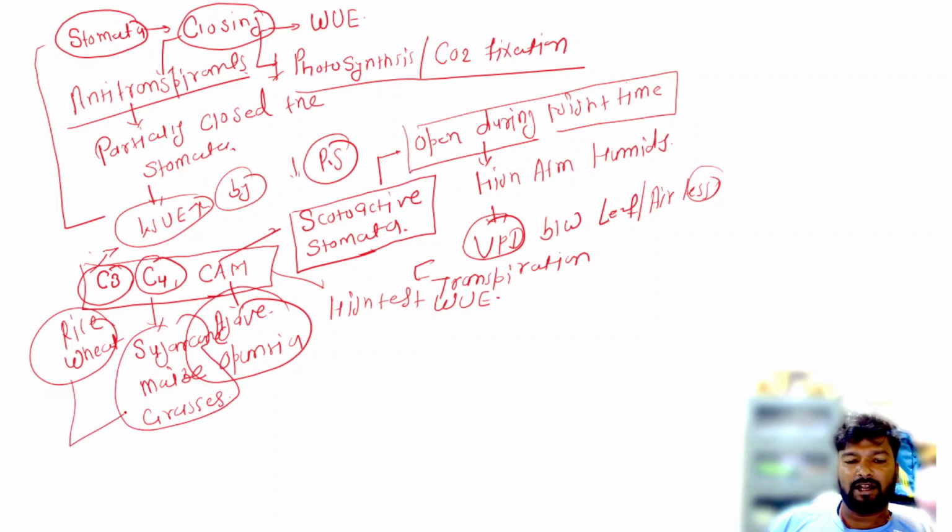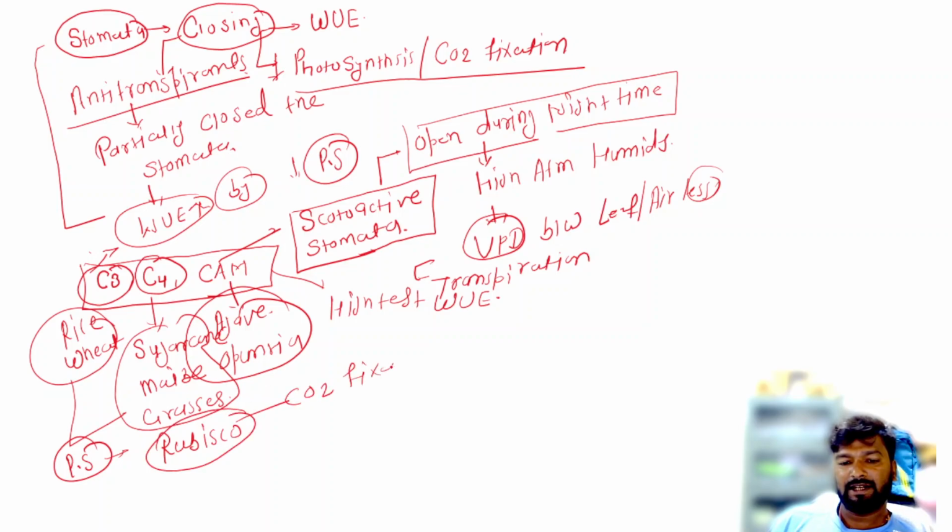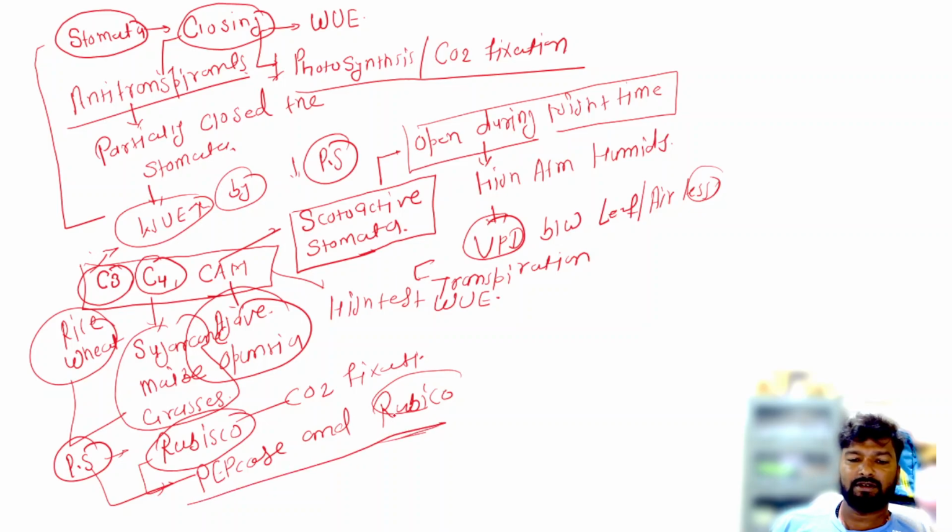so these two plants also have different photosynthetic reactions. Like in C3, Rubisco is the major CO2 fixation enzyme, but in the C4 plant, PEP carboxylase and Rubisco are the main or important photosynthetic enzymes.